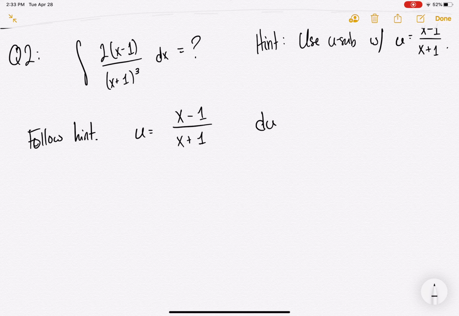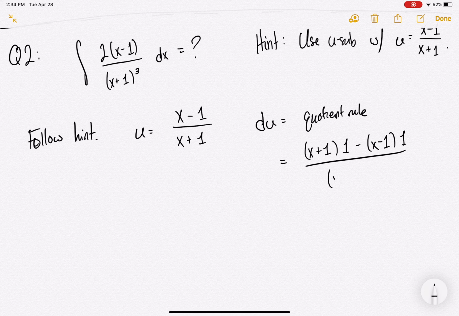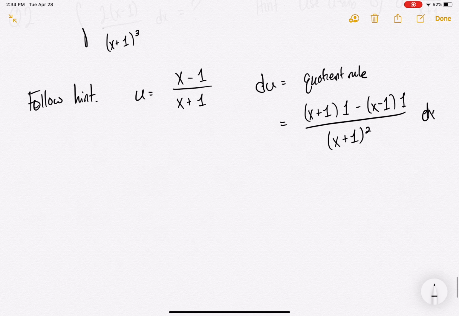That makes du, we need to use the quotient rule here, equal to bottom d top minus top d bottom, all over bottom squared, dx. If I simplify this, I get 2 on top, and x plus 1 squared on bottom, dx.